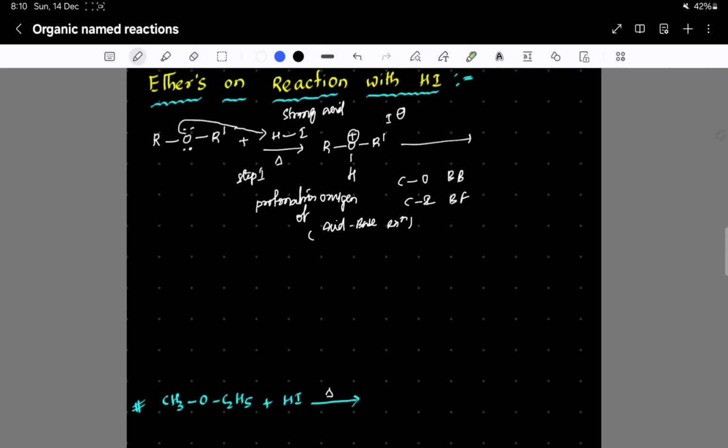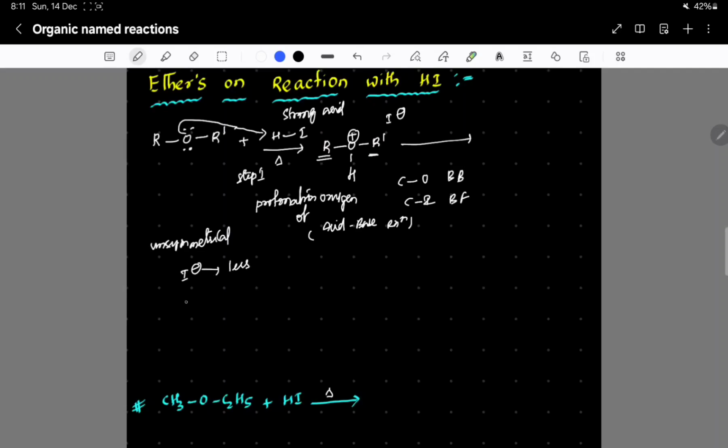Now look, students, generally here we have an unsymmetrical ether, so R and R' will be different. In this type of case, if you have an unsymmetrical ether, the point is very important. I minus will attack the less hindered side.